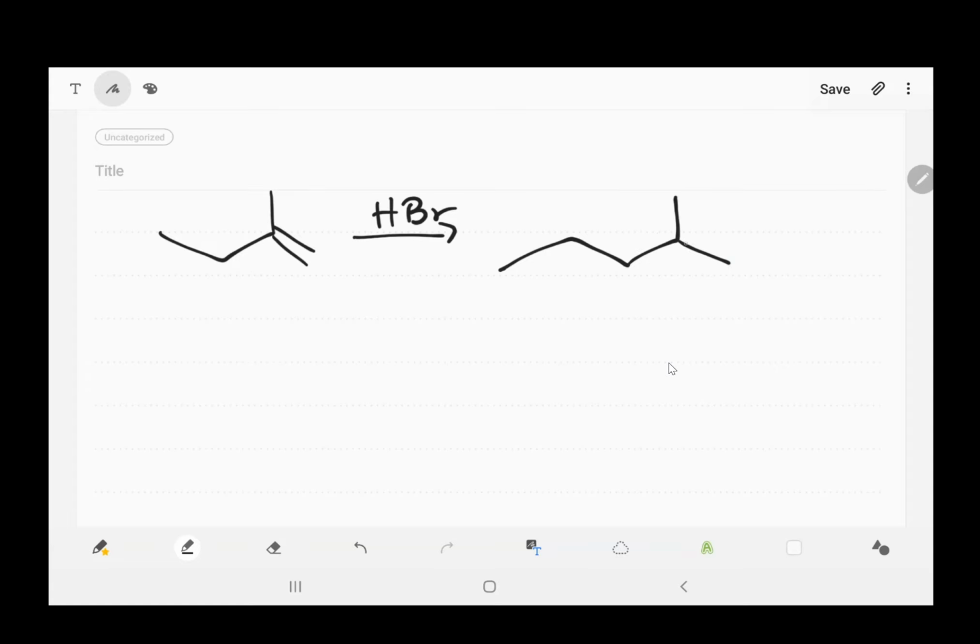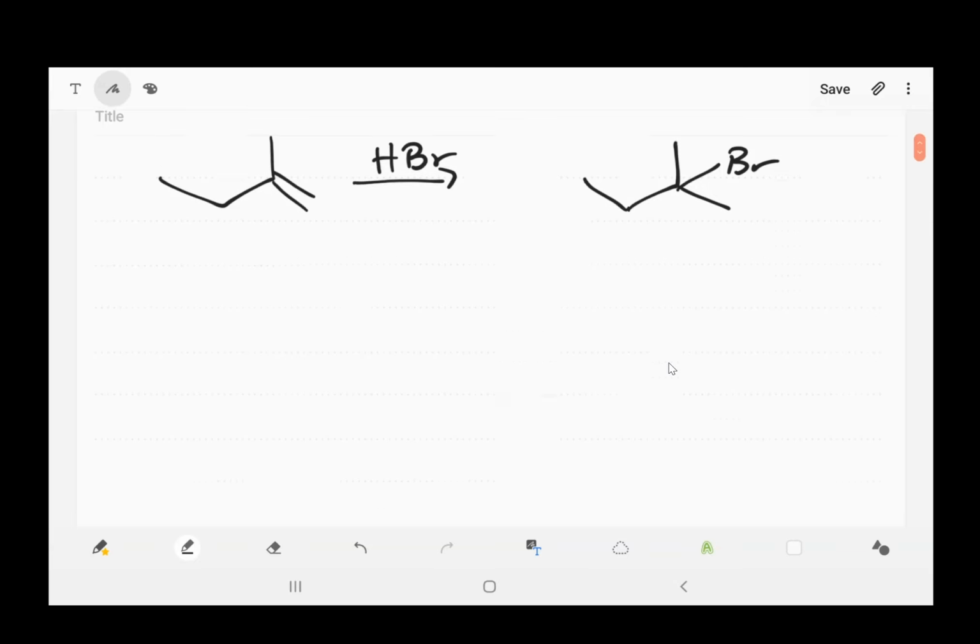You'll end up putting your bromine on the more substituted position. You'll have your Markovnikov type of idea. You're going to form your carbocation. I think I do have too many carbons. There we go. And so you'll end up making your tertiary carbocation and sticking your bromine on afterwards. 2 steps, right?